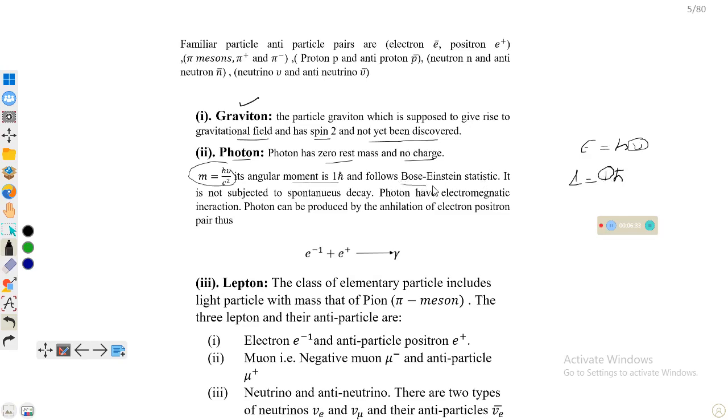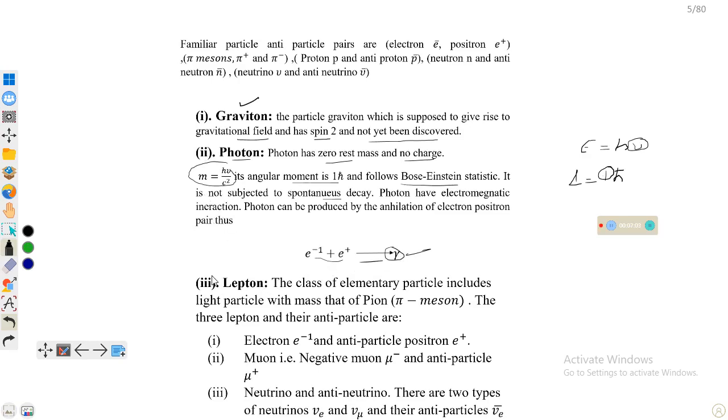It follows Bose-Einstein statistics. It is not subject to spontaneous decay, which means the photon is a stable particle. Photons can be produced by the annihilation of an electron-positron pair. If an electron and positron annihilate, they produce gamma ray photons, because gamma rays have no charge.